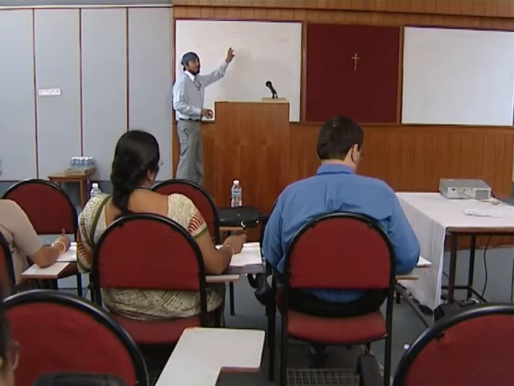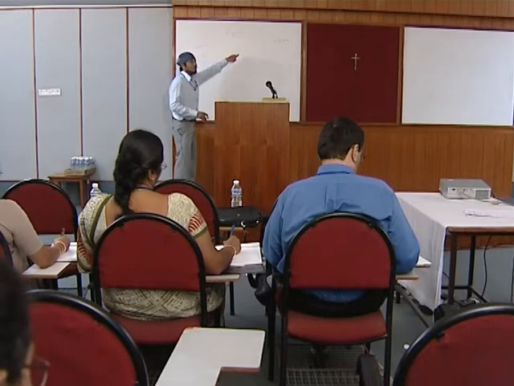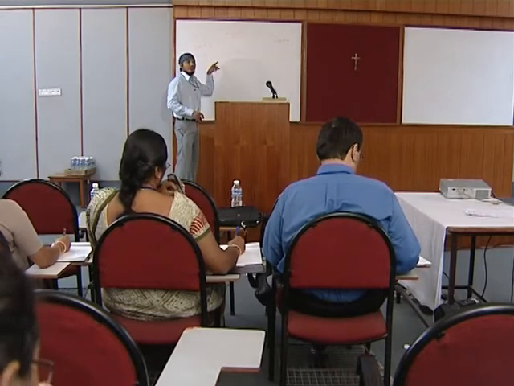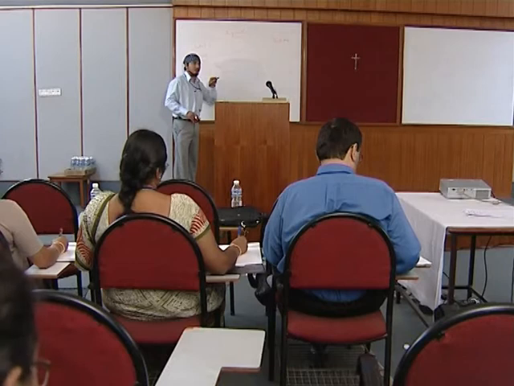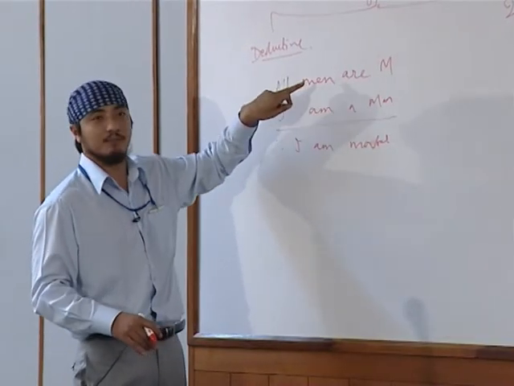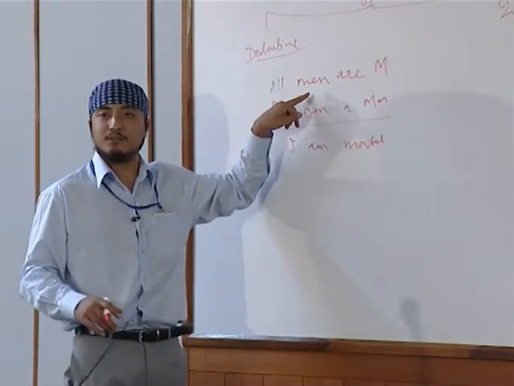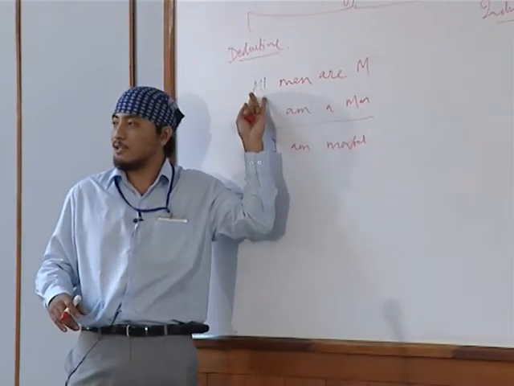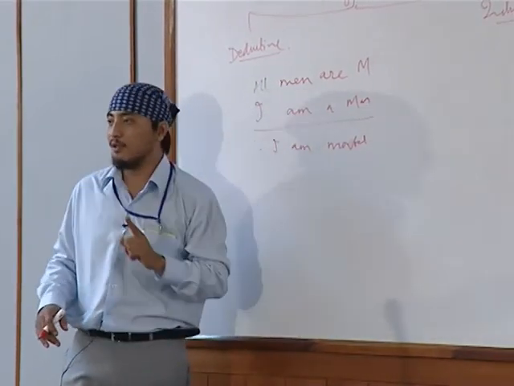Now I can replace these terminologies with a variable to get the form out of this argument. So wherever I see the term men or any term that deals with the concept or the class of men, I will label with one variable.